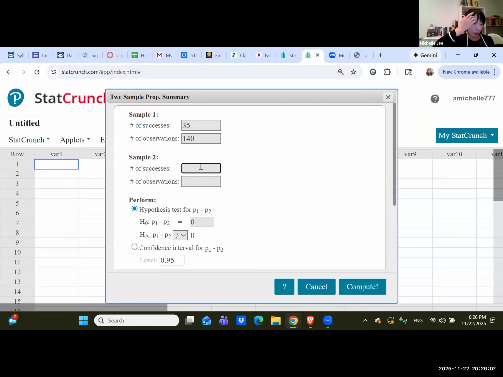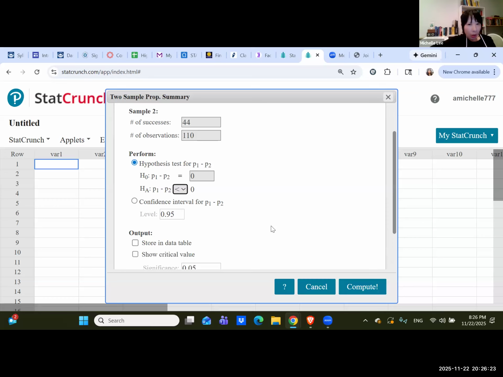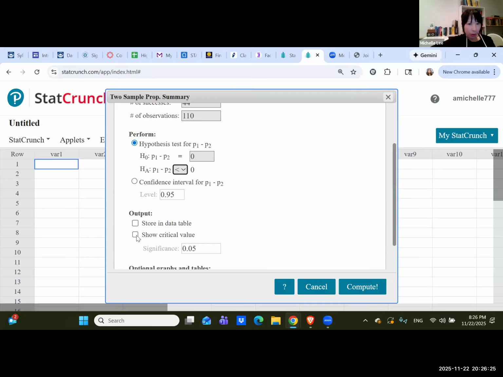And sample two, 44 and 110. And hypothesis test. What was it? Left tail, right? Yeah, left tail. Okay, so critical value? Sure. All right, compute.